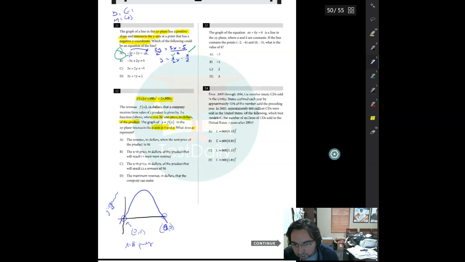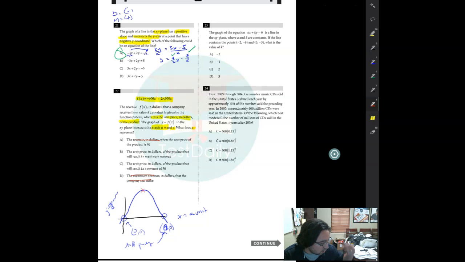So if we're looking at what the A of the x is here, then we know we're looking for something that's talking about the unit price. We're talking about the x value of A, which is talking about the unit price. So eliminating choices, we can successfully eliminate A because it's talking about the revenue in dollars. We're not talking about that at all. And we're not talking about the maximum revenue in dollars that the company makes either. So it's not that at all, because usually when we see max, that's talking about the vertex.